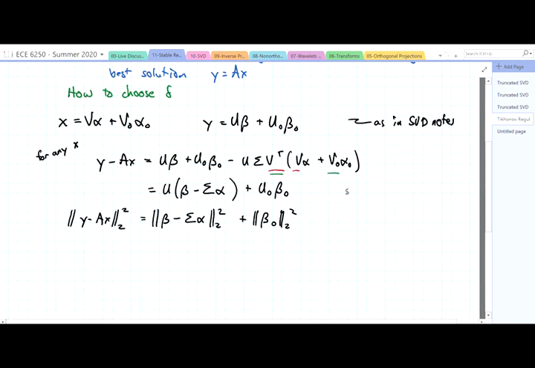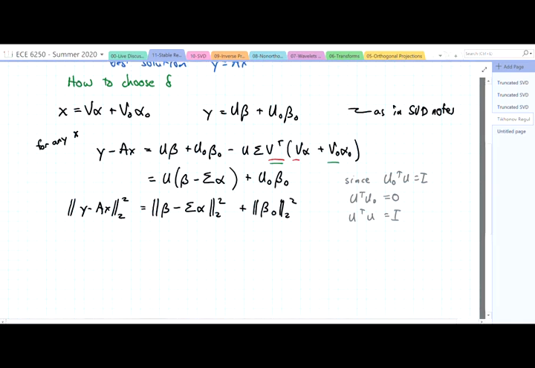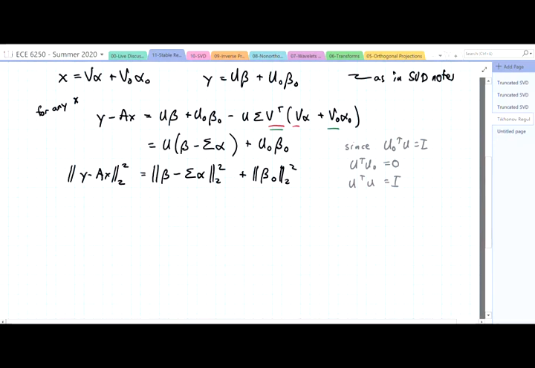Mainly, this comes because U naught transpose U naught is equal to I, so it disappears in that second term. And we also have cross terms all disappearing because U transpose U naught is equal to 0, and of course U transpose U is equal to the identity matrix. So all these U terms disappear, and what they serve to do is basically ensure that we don't have cross terms involving beta naught and beta.